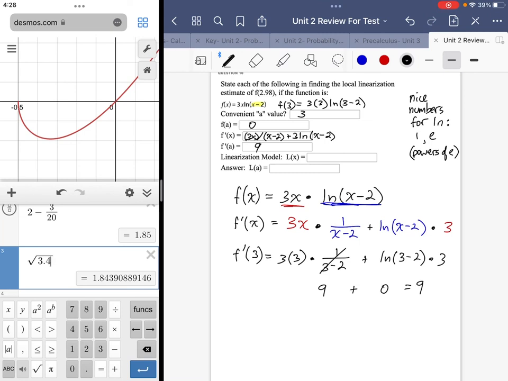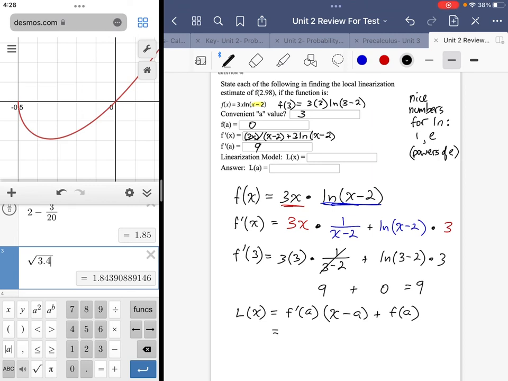All right. So my linearization model, L of x, f prime of a, plus, well, there's different ways to write it. f prime of a, I think I said plus, I meant times x minus a plus f of a. But some folks have it written as f of a plus the f prime of a times x minus a. Either way, it's commutative.